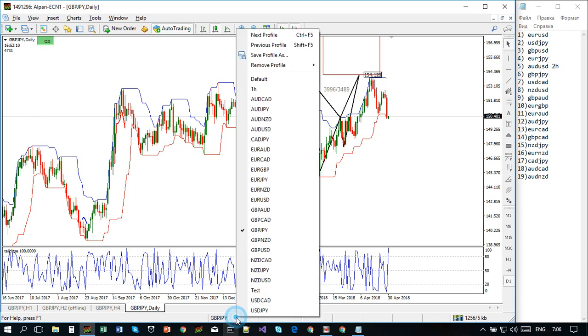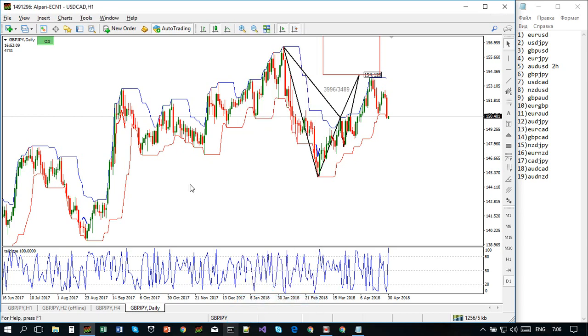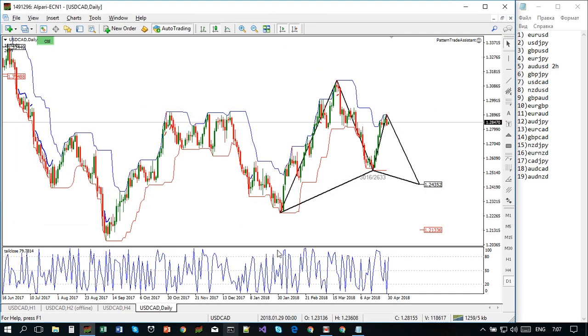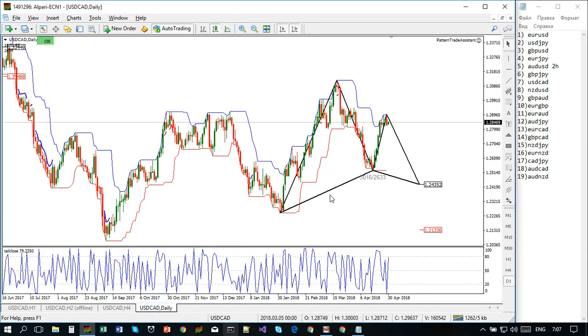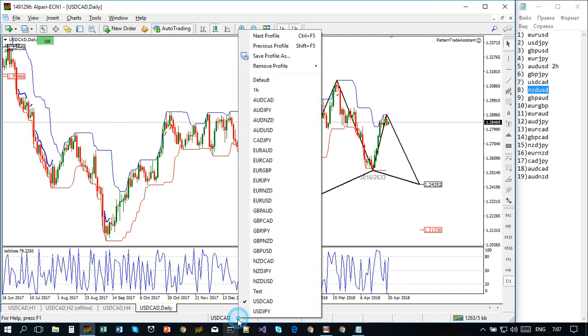Dollar Canadian, I don't trade daily. USD CAD. Okay, nothing. New Zealand dollar, NZD USD.